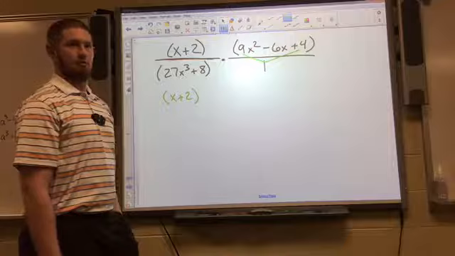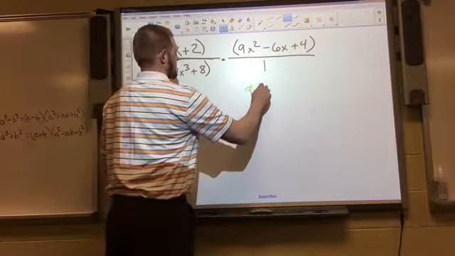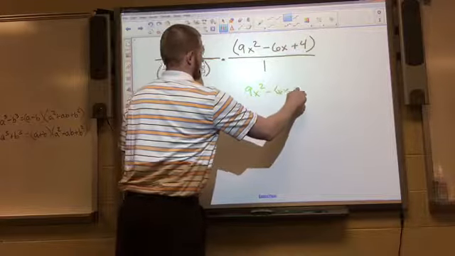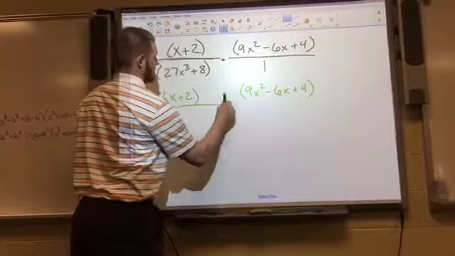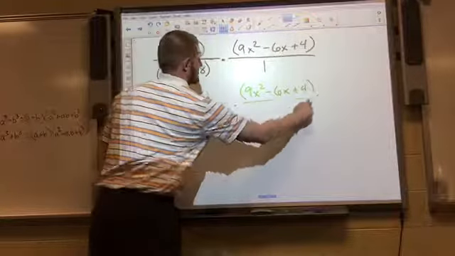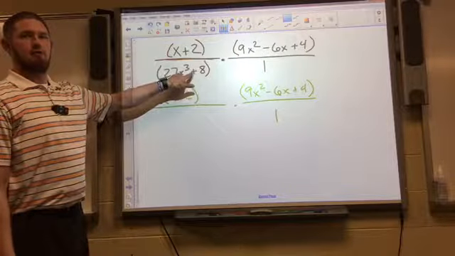Is there anything? No. So that's not factorable. So I still have 9x squared minus 6x plus 4 over here. Now I have to factor this.